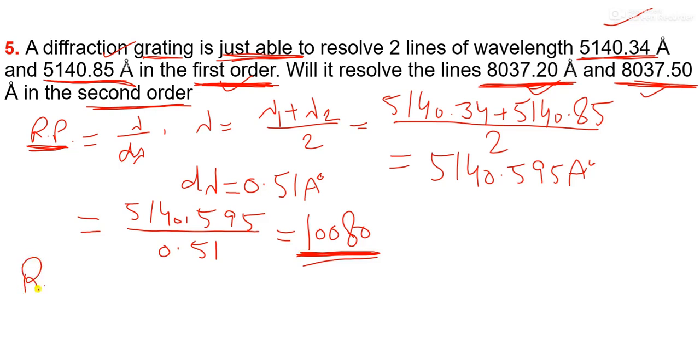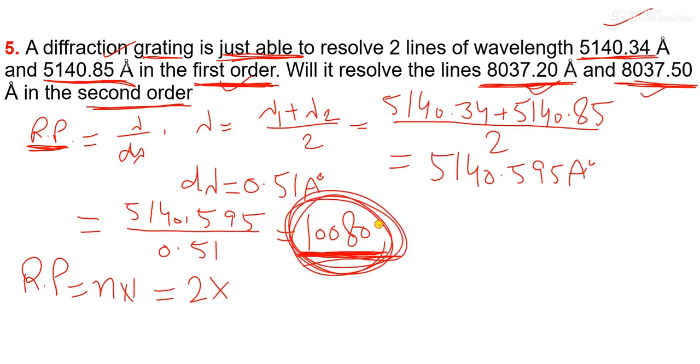We know that resolving power equals small n into capital N. In second order small n is 2, and in first order it is 1, so this is the value of capital N. Here we put capital N equal to 10,080.